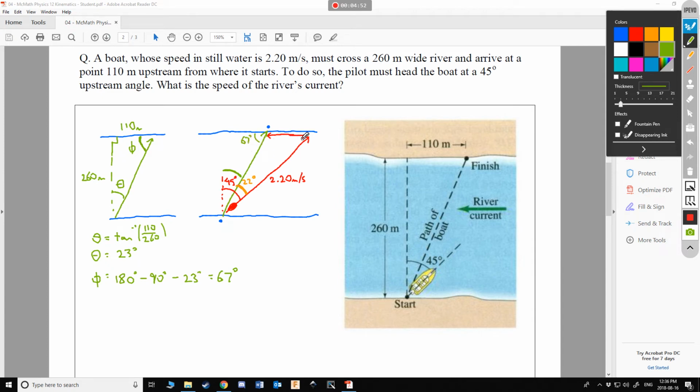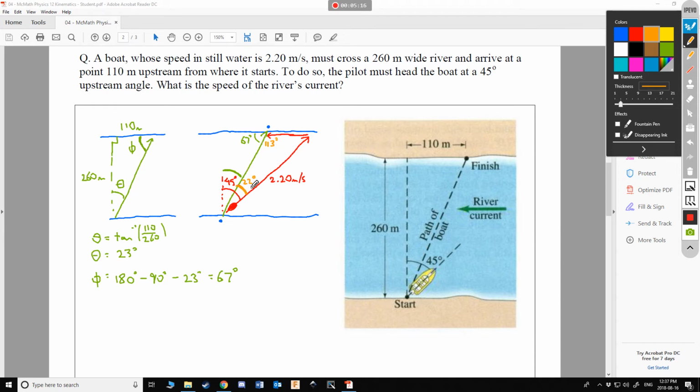But here's a straight line. This river's edge is a straight line. All the way around a circle is 360. So that straight line is half a circle. Half of 360 is 180. 67 has already been used up. So 180 minus 67 gives us 113 degrees.